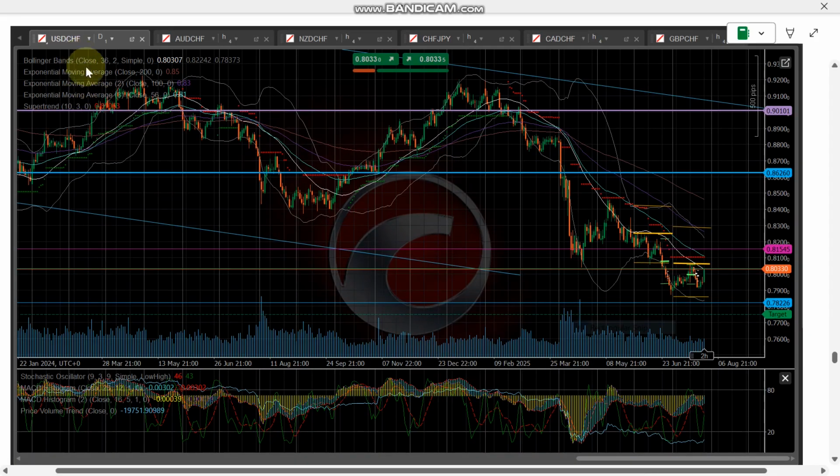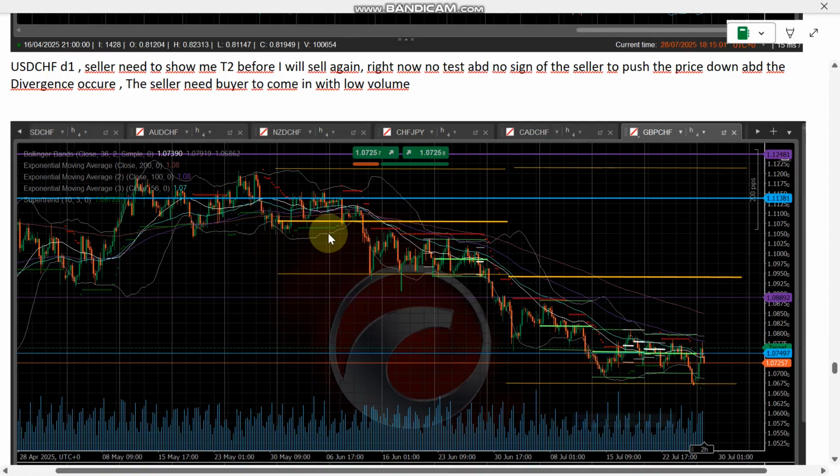Watch this, USD Swiss franc moving down, time frame daily. This is the center line of the daily. Would they get up, at least bridge this guy, if they want to change the direction?